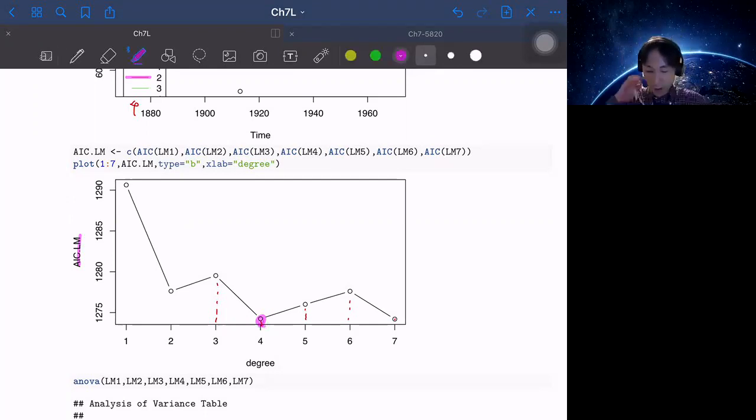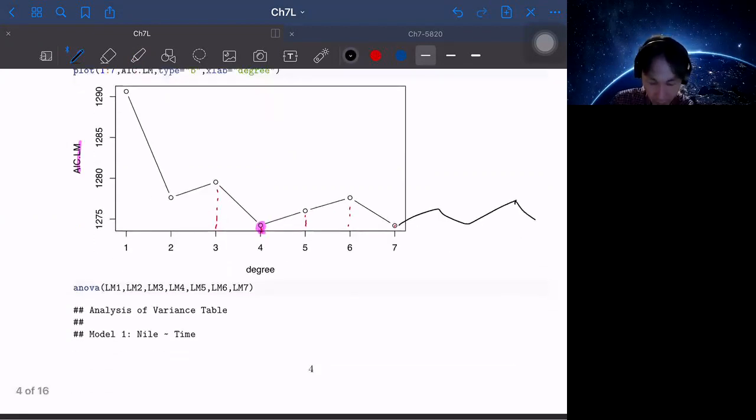So probably the 4 is reasonably good. And of course, we didn't see if there are more terms. So maybe, possibly 8, 9, 10 or something, but probably not. So with AIC, if you use p equal to 4, then the model is reasonably good, so the 4th degree polynomial.